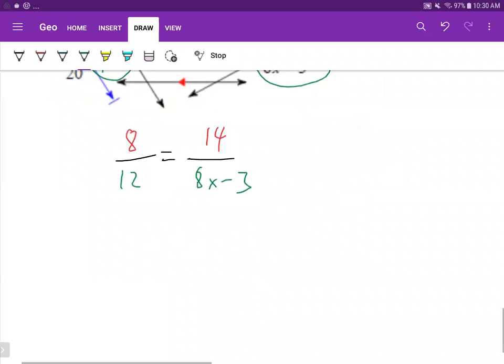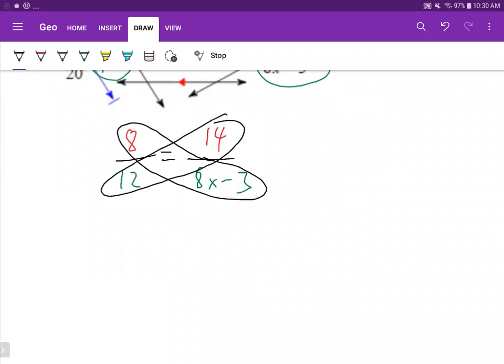I'll work this one out so you have a completed example. These go together, and then these go together. You don't have to do all these steps, I'm just doing it so you see them. 8 and 14, 12. Nope, that's not right.